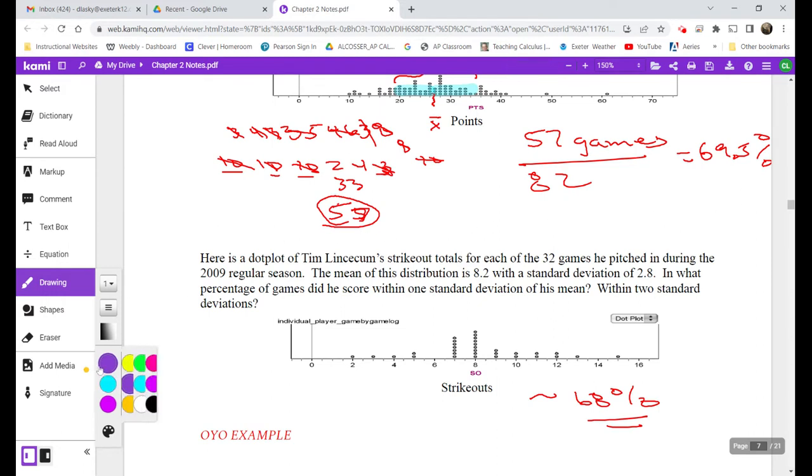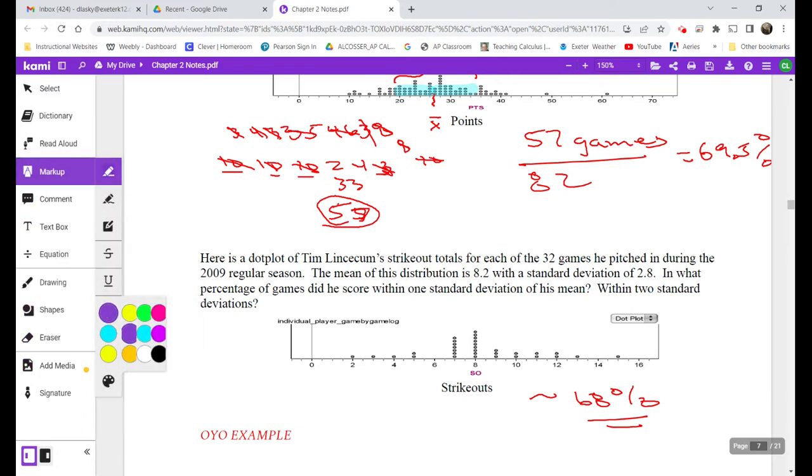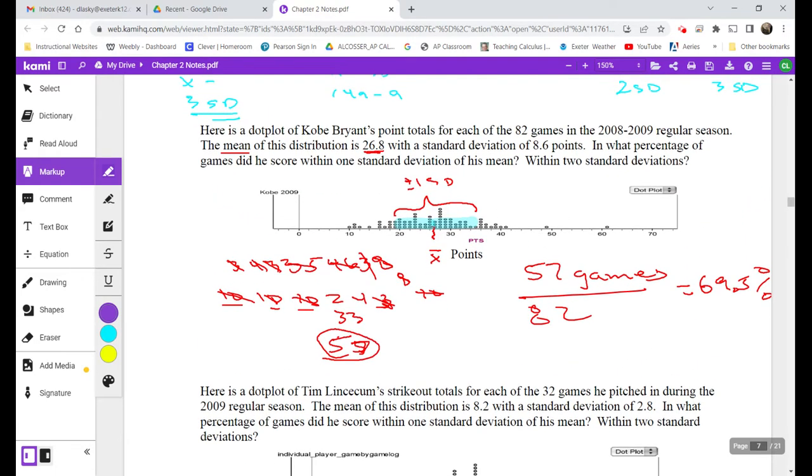Now, this is the cool part about statistics and probability. If I decided to go out 8 more, so go to about 10, and then 8 more from 35 is about 43, right? I would end up with 95% of them most of the time.